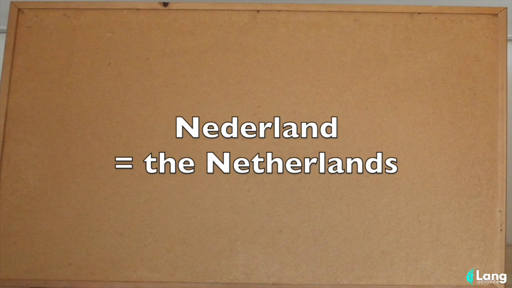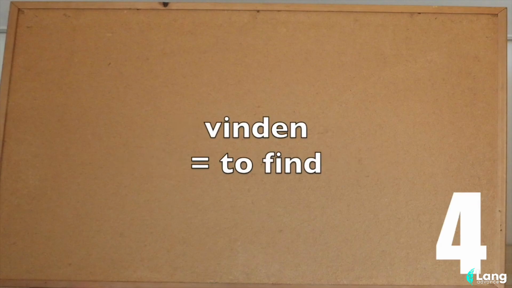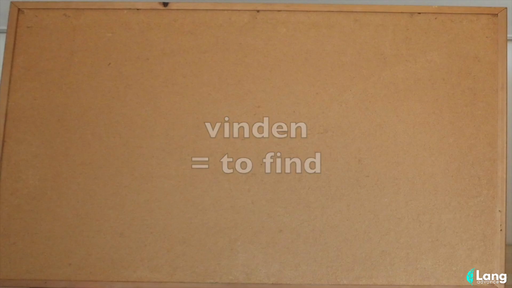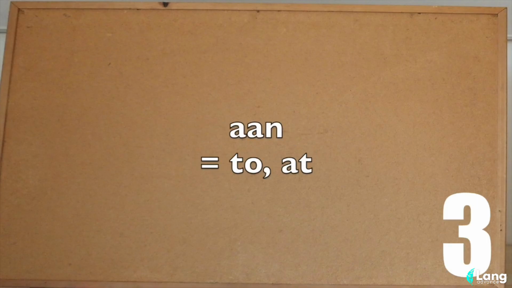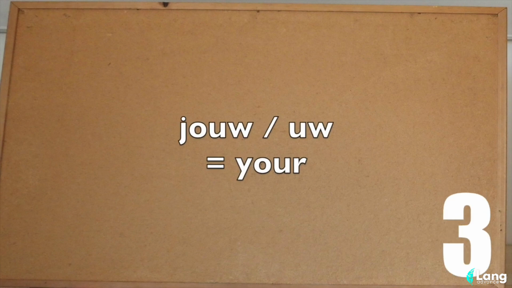Nederland means the Netherlands. Vinden means to find. Moeilijk means difficult. Aan means to or at. Jouw and uw mean your in the singular, so both informally and formally.